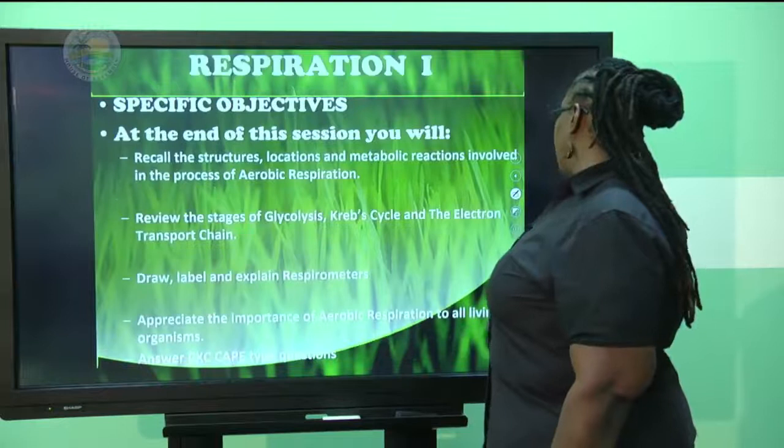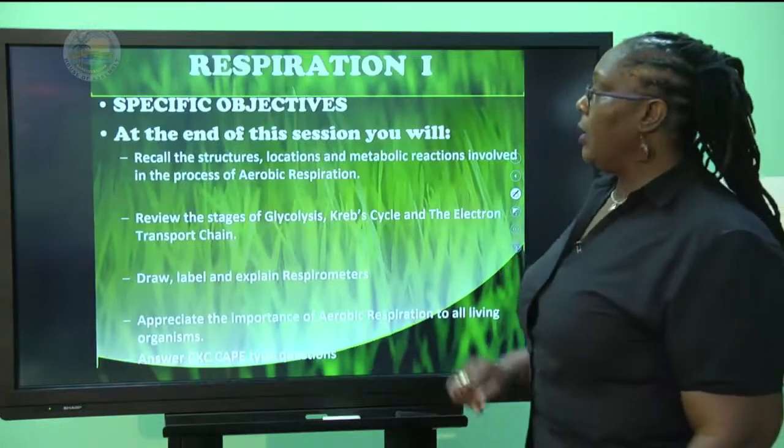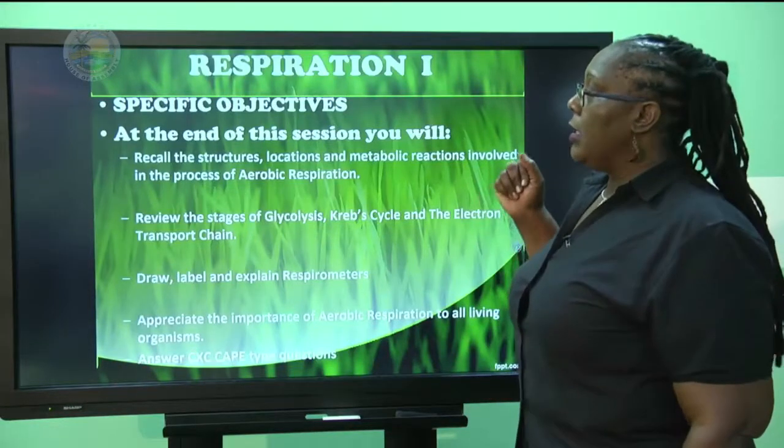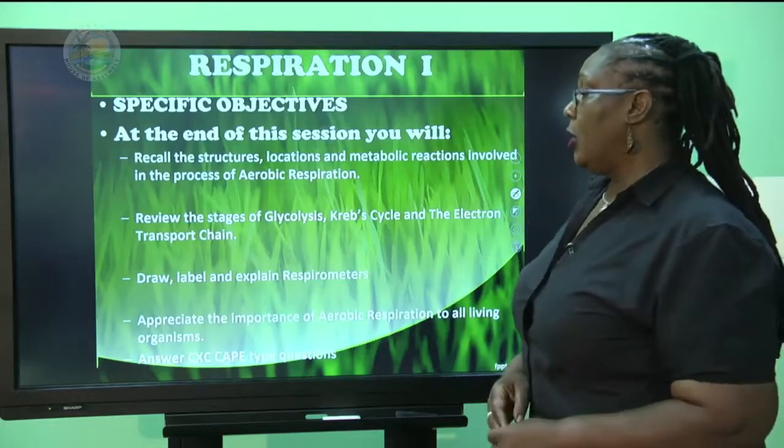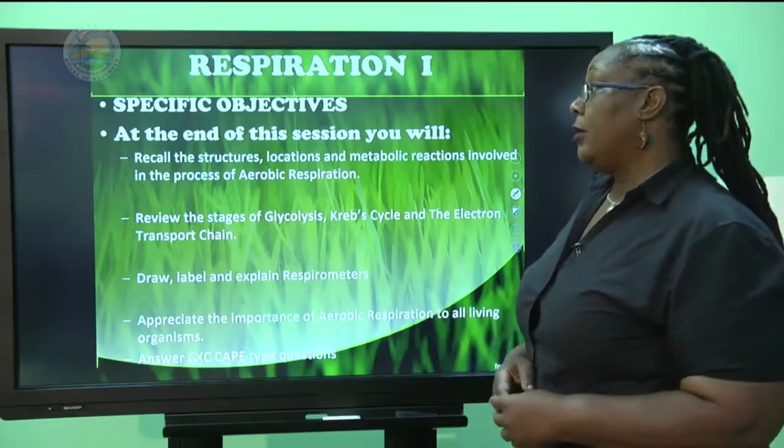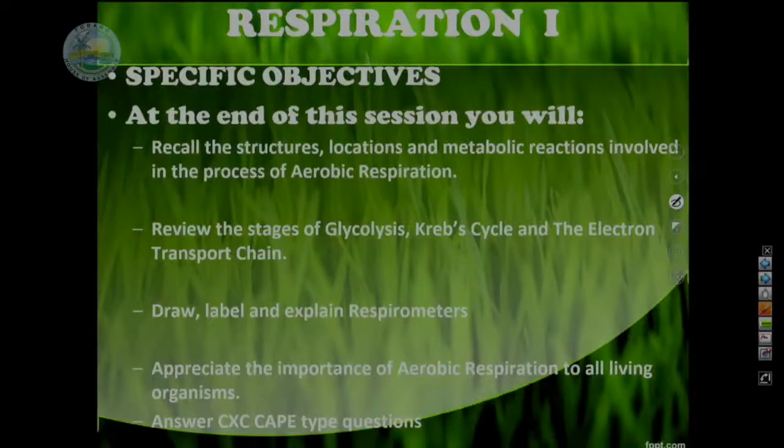So we would have looked at the different objectives we set out to achieve at the beginning of this course. Recall the structures and the locations, so the structures in mitochondria, the locations, whether it's in the cytoplasm or in the matrix, and so on, and the metabolic reactions: glycolysis, the Krebs cycle, the link reaction, the electron transport chain involved in the process of aerobic respiration.